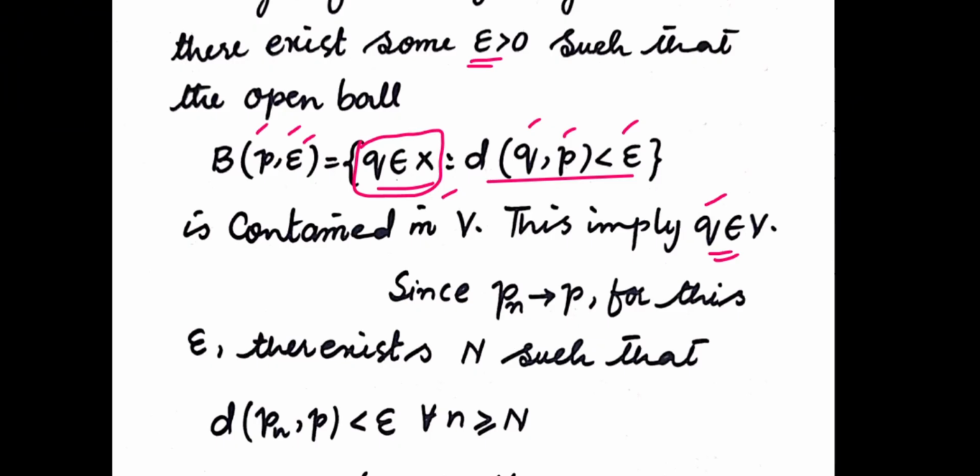In the theorem, I have replaced r with epsilon. So this consists of all those points Q that satisfy this inequality. Automatically, this point Q belongs to the neighborhood of this point.